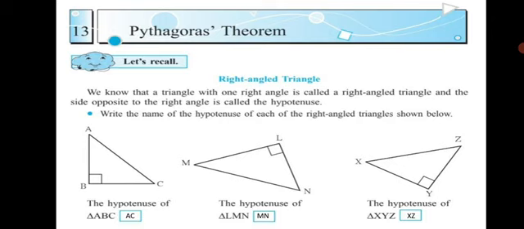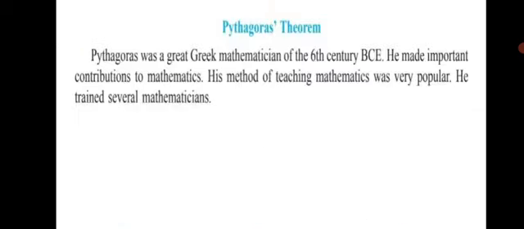Now, how is a right angle related to Pythagoras theorem? Let's learn. Pythagoras was a great mathematician of the 6th century BCE. He made important contributions to mathematics. His method of teaching mathematics was very popular.